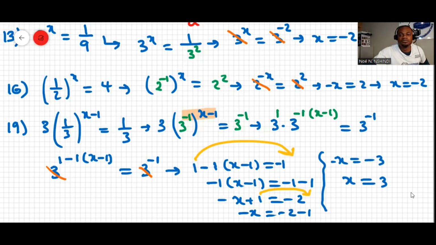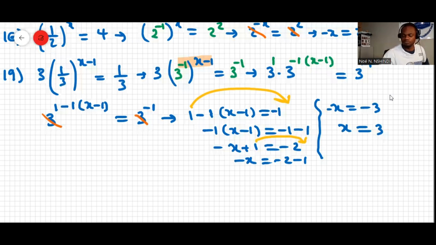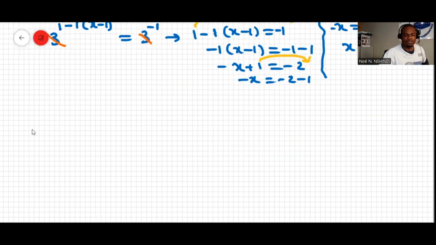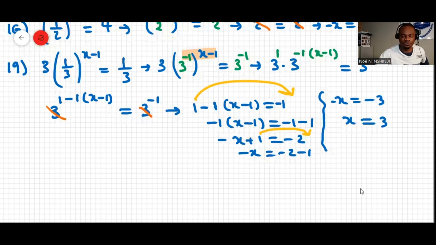This way, we can also do question 20. Or maybe, if someone here doesn't understand it, let me explain. I want to have a positive x. I have negative x equal to negative 3.